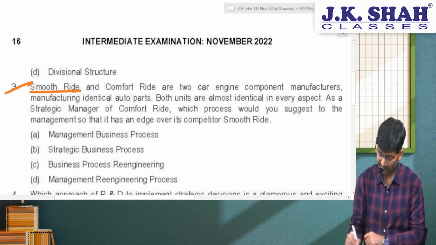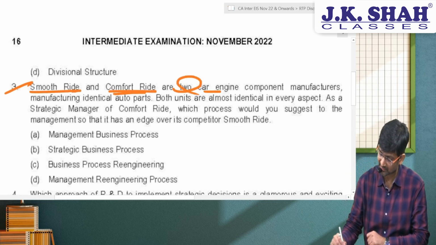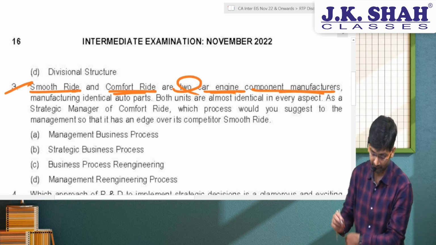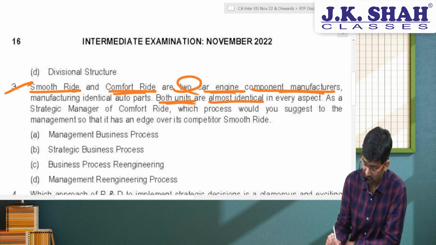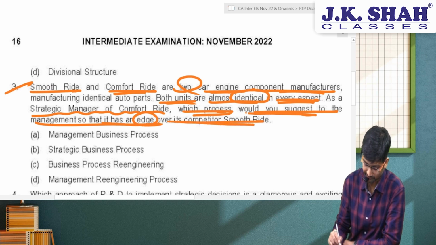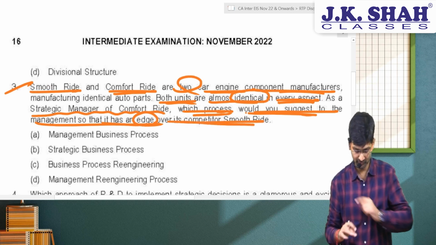Okay, moving on. Smooth Ride and Comfort Ride are two car engine component manufacturers. Both units are almost identical in every aspect. As a strategic manager of Comfort Ride, which process would you suggest to the management so that it can have an edge over its competitors? Okay.